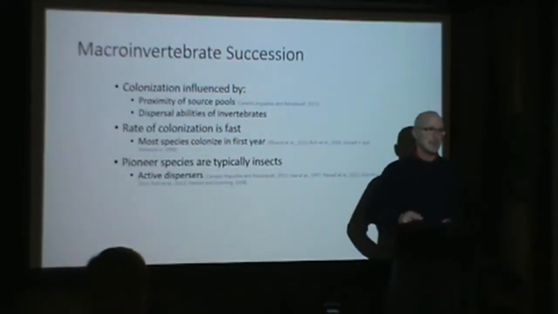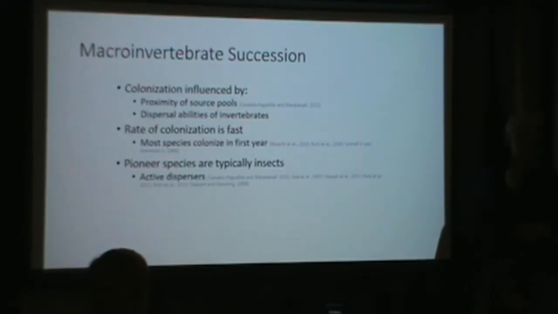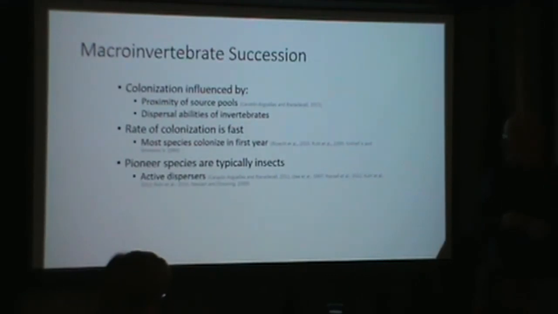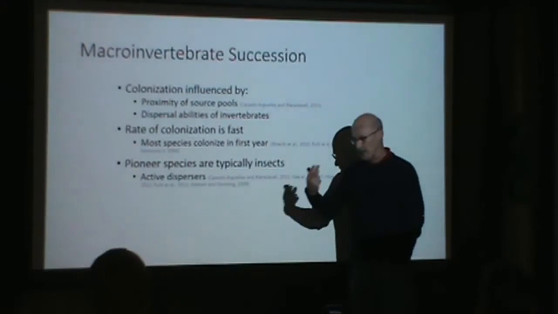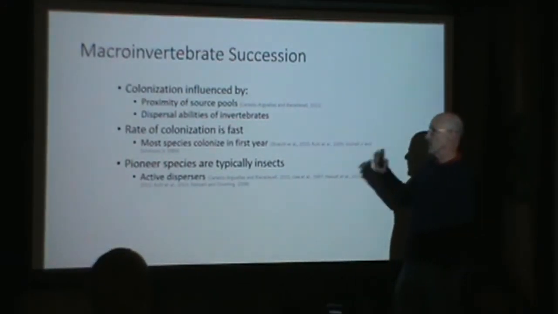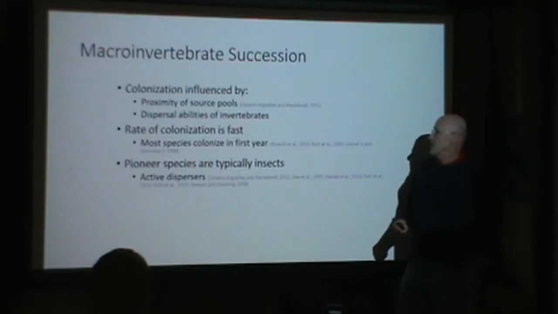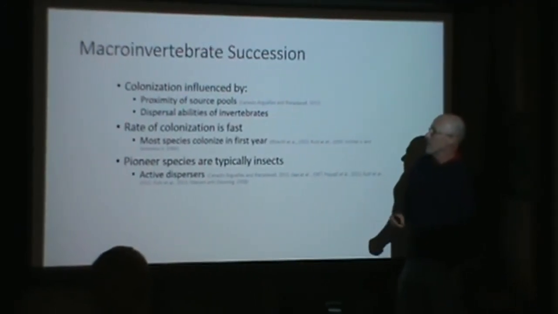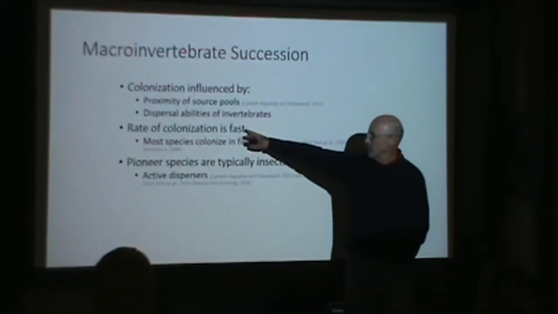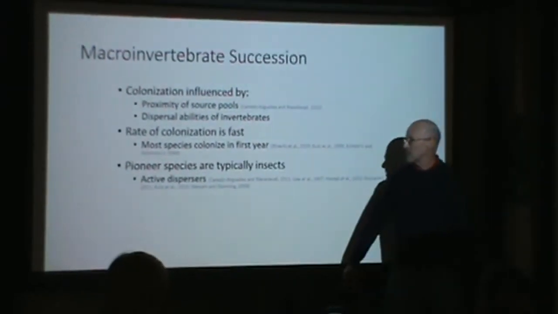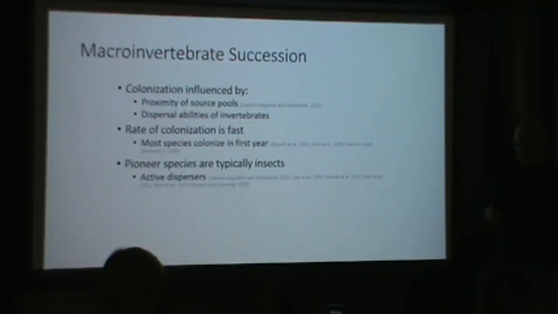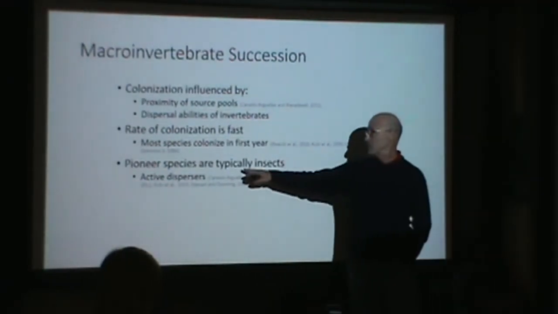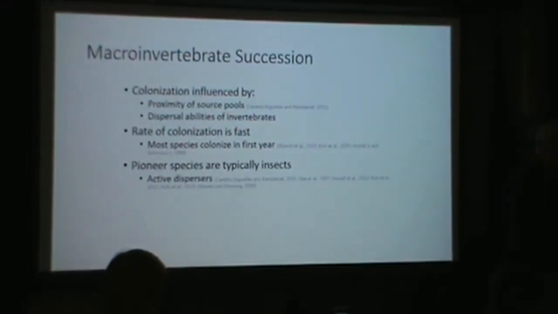Other invertebrates can disperse actively, for example the insects that have an aquatic stage and then become adults and can fly, or attach to animals. There is also passive dispersal, where invertebrates disperse with the water, with the flow. So at the beginning, we were expecting a fast colonization rate, and the first species to arrive, because of this active dispersal, would be insects. Okay?